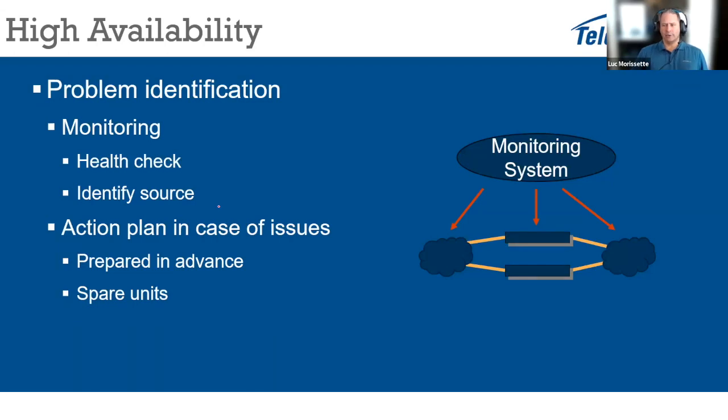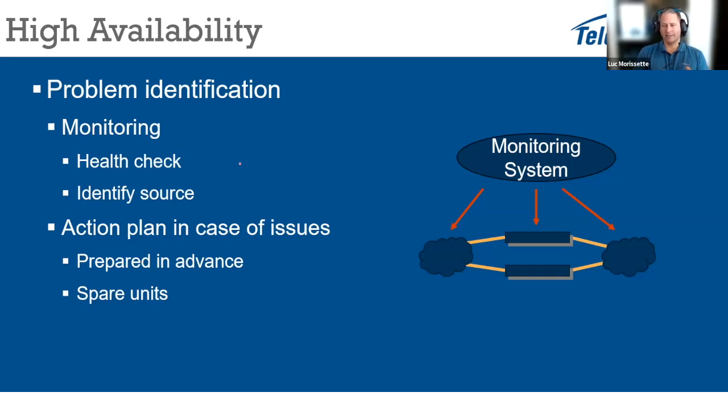The other thing that is important in a high availability system is to quickly identify issues with the system. It doesn't mean the system goes down. It just means that maybe there's one interface, one device, one network that is down. So you need to monitor all these components to allow you to identify the source of the problem.